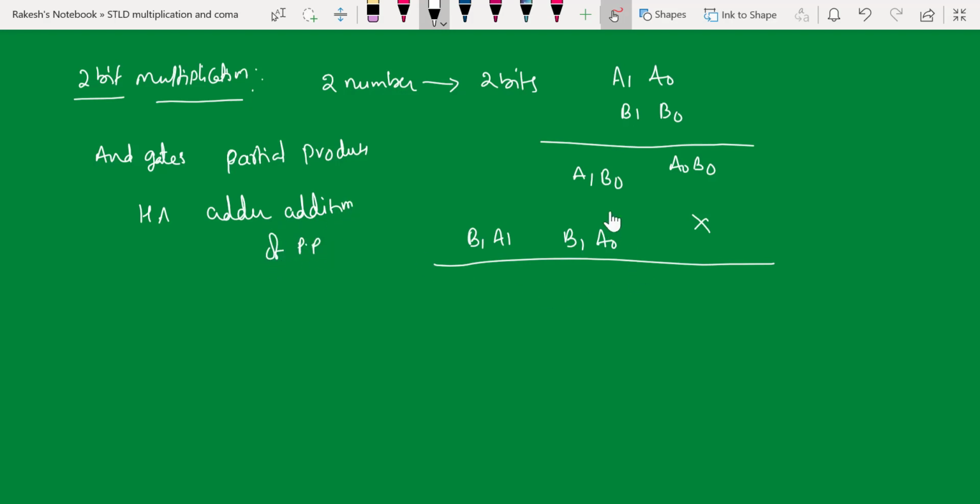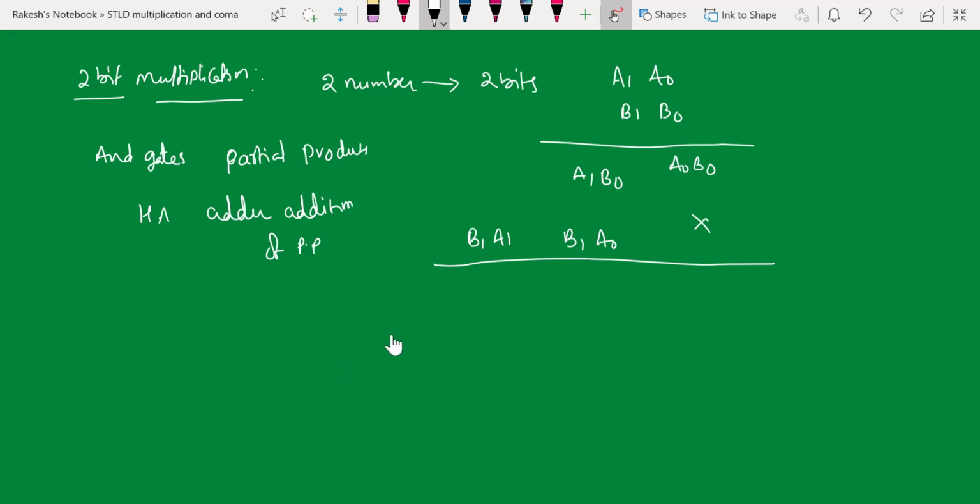So that means you are going to use one AND gate for A1 B0, one AND gate for A0 B0, one AND gate for B1 A0, one more AND gate for B1 A1. Then you are going to add one adder for adding those two, and one more adder here adding this bit and the carry generated from these bits.